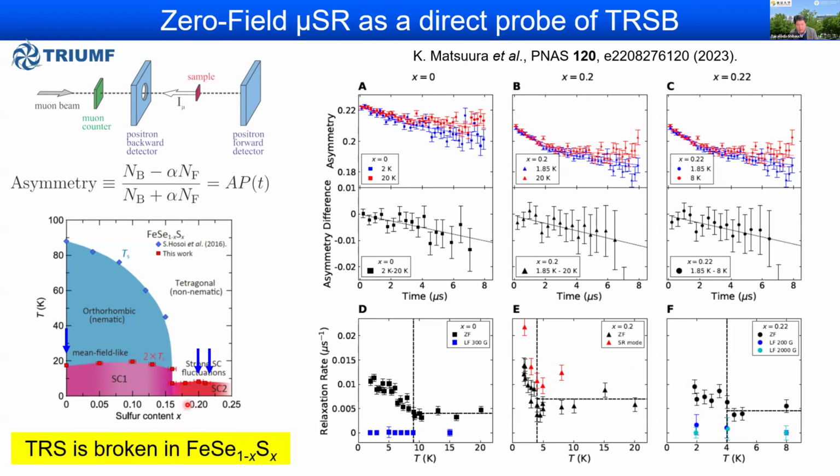So at least in SC2, we have the requirement to have this Bogoliubov Fermi surface, that is, time reversal symmetry breaking.